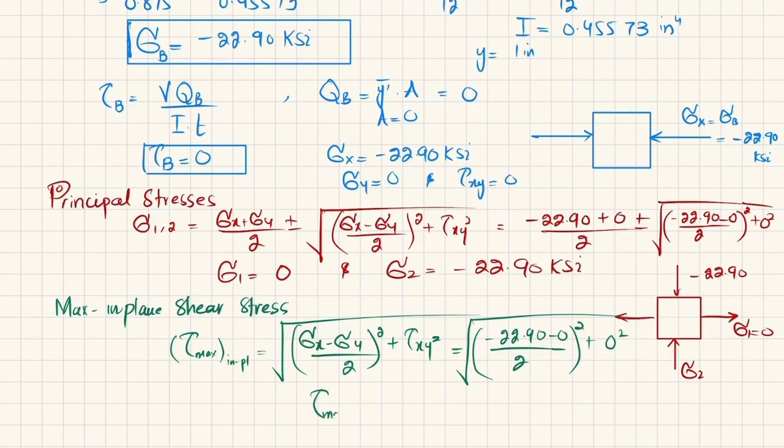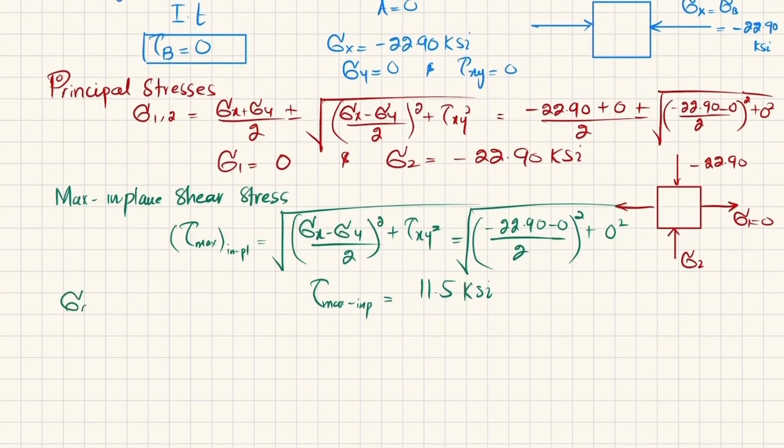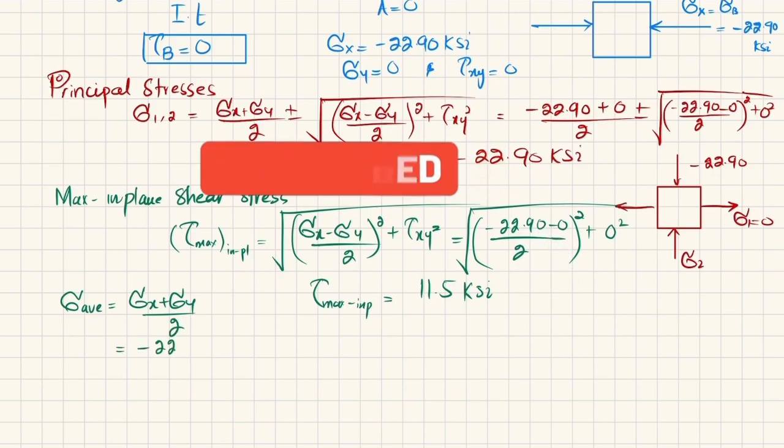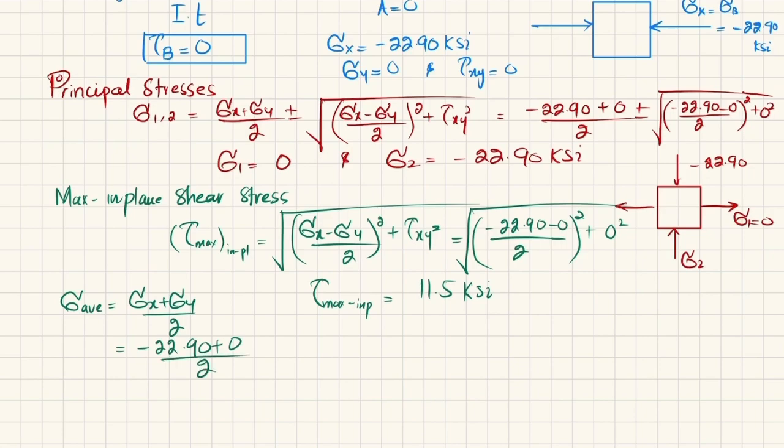You will get the maximum in-plane shearing stress as 11.5 ksi. And we will have the average normal stress, which is equal to (sigma x plus sigma y) divided by 2, that is minus 22.90 plus 0 divided by 2. When you calculate it, it will be equal to minus 11.5 ksi.